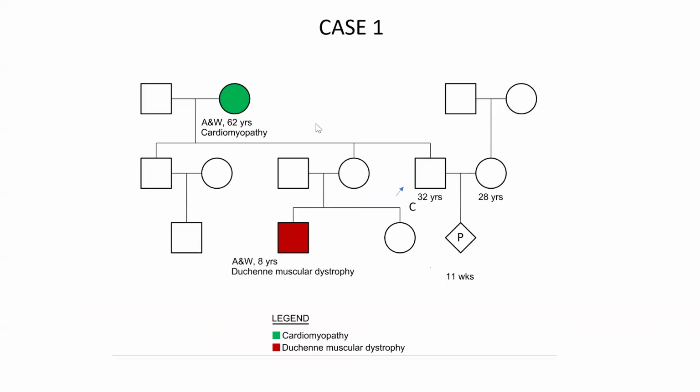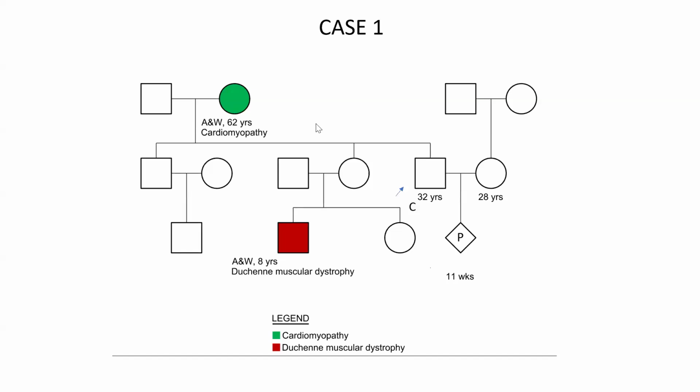So this is the final pedigree where we can see the couple who is pregnant at 11 weeks gestation, and the husband's nephew is having Duchenne muscular dystrophy, which is shaded with red color. And we can also see in the pedigree that the husband's mother actually has cardiomyopathy at 60 years of age.